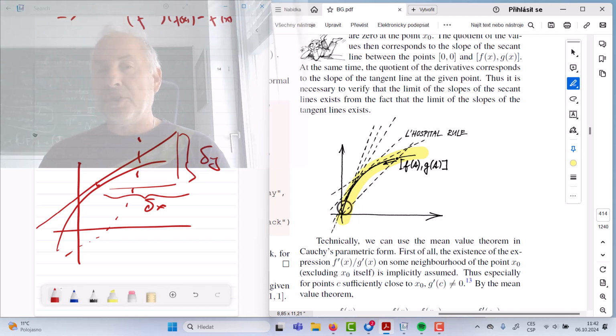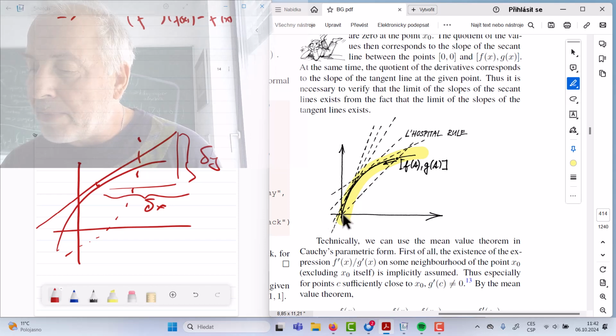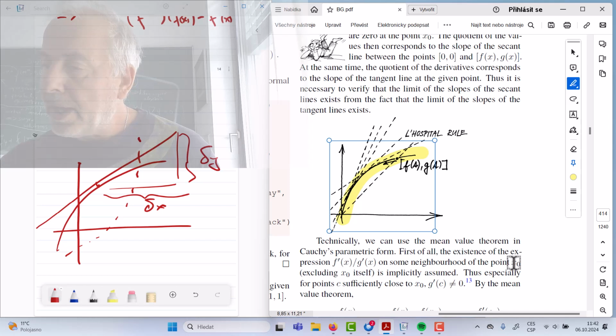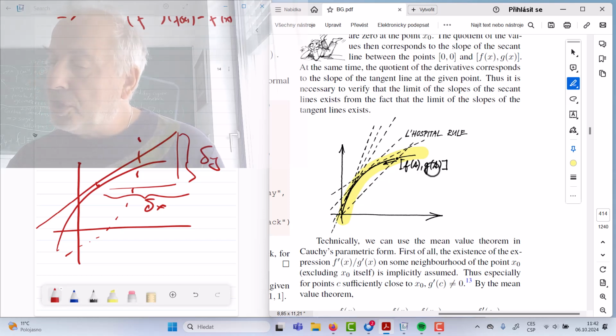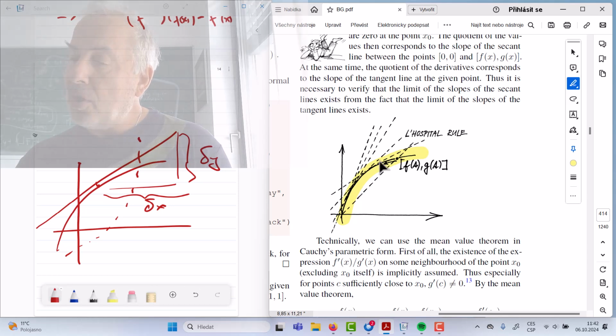And if it goes from the origin, so the slope of the secants will be g(t) over f(t), and the slope of the tangents going to 0 will be g dash over f dash, right?